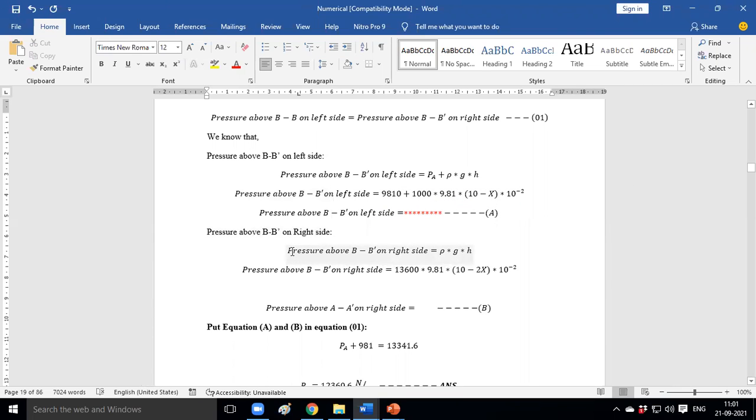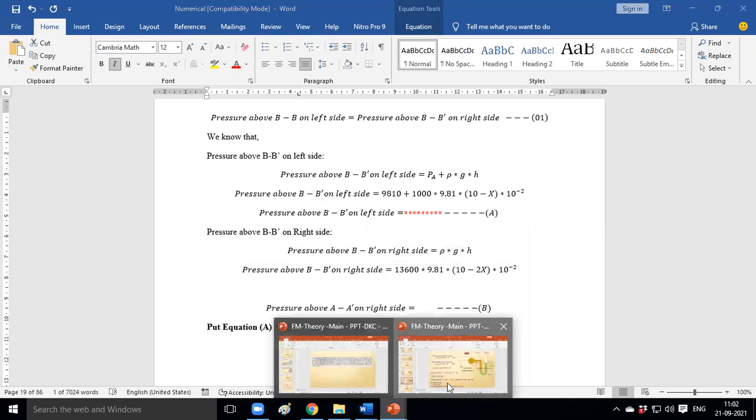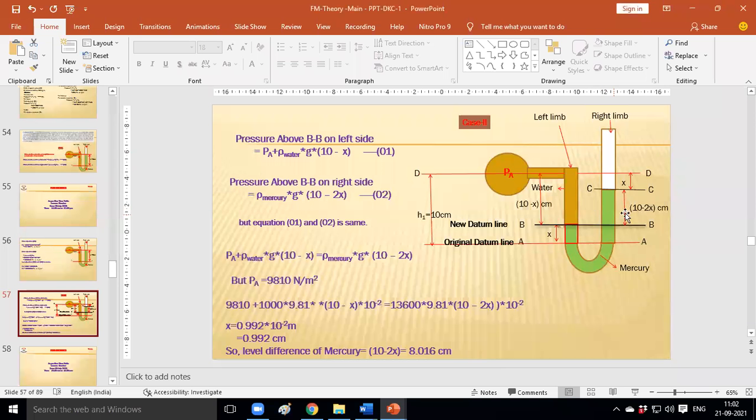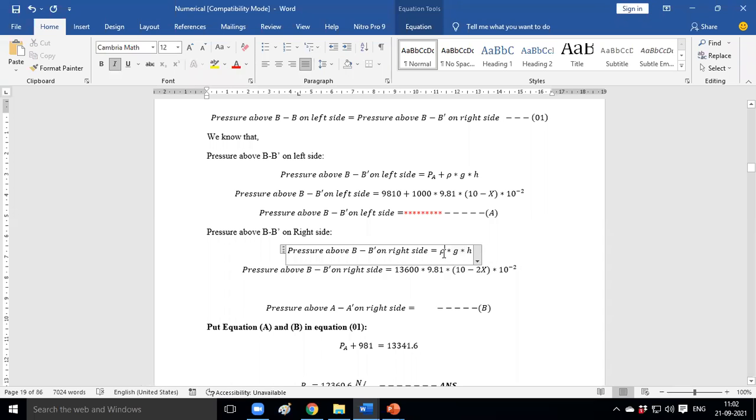Again, in the next part, the pressure above BB dash on the right side is rho gh. Why do we use rho gh? Because there is only one fluid above the datum line BB dash on the right side. We can observe here that on the right side above BB dash there is only one fluid, and that fluid is mercury. That's why the equation is rho gh.